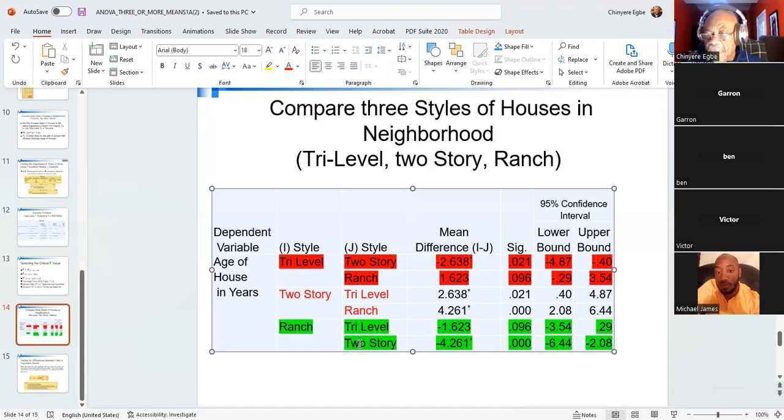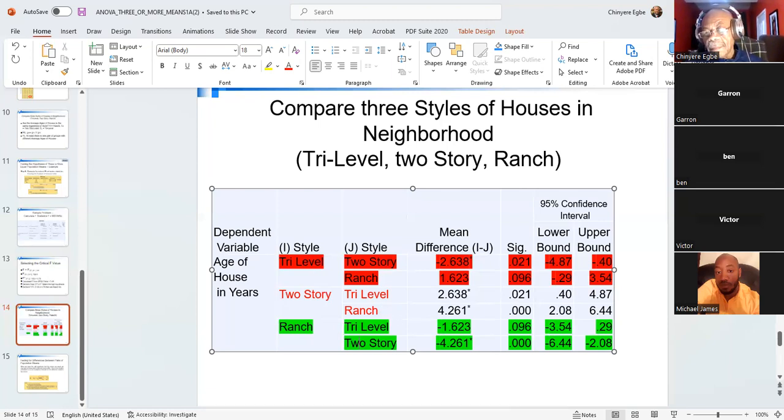If it doesn't make sense to you, let's see if we can take it again. Is it because every time it's matched with two-story, like with tri-level and then with ranch, it will always reject? Yes. Each time we compare two-story to anyone, we reject the null hypothesis of equality.